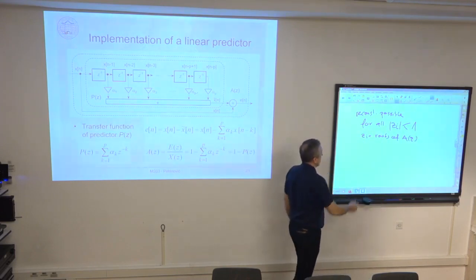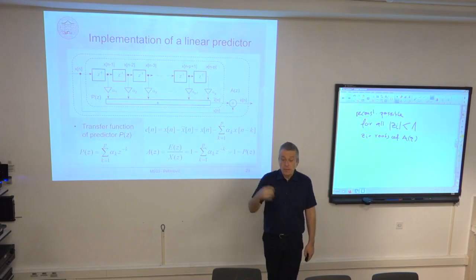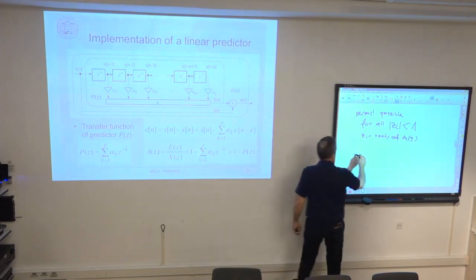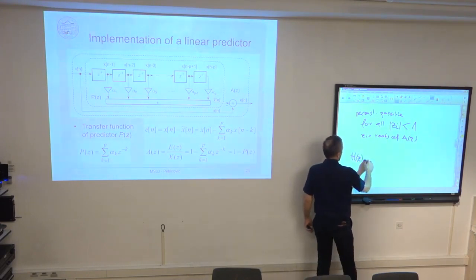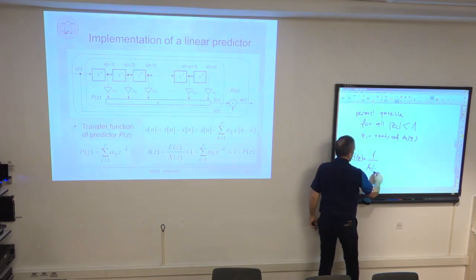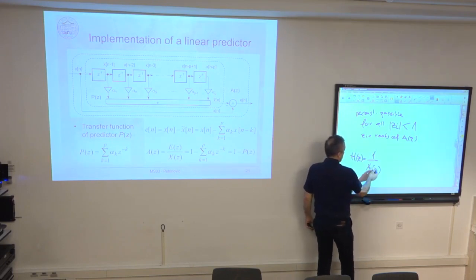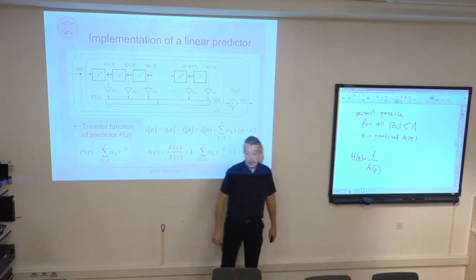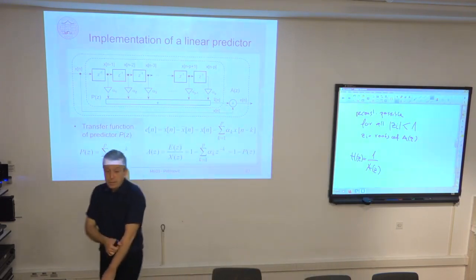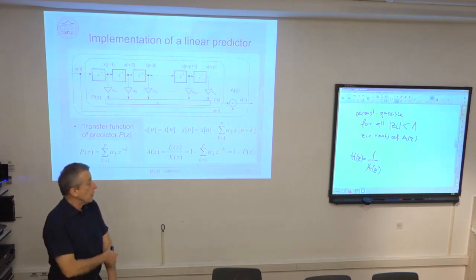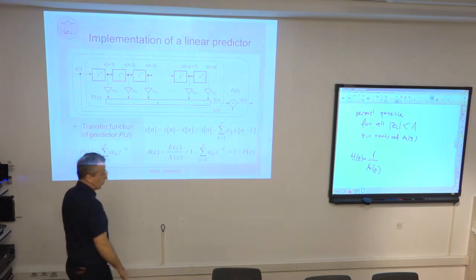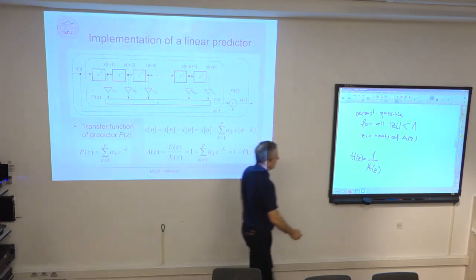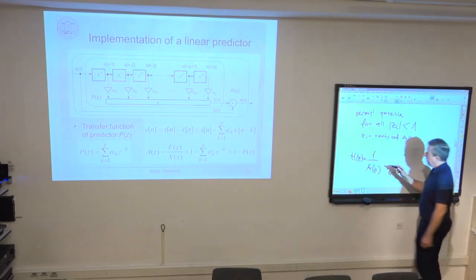Why? Because once I construct the inverse filter, this H of z is 1 over A of z. So the roots of A of z in the denominator become poles of H of z. And poles are frequencies where this transfer function becomes infinite, of infinite magnitude, and that is the reason for instability.